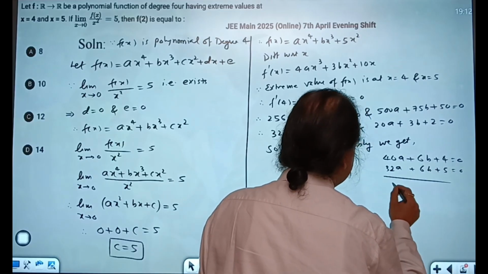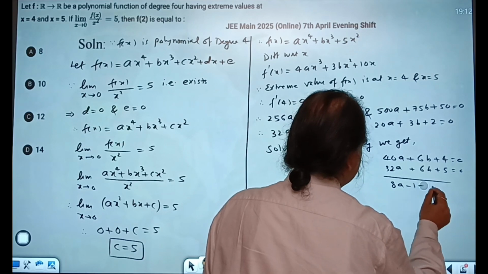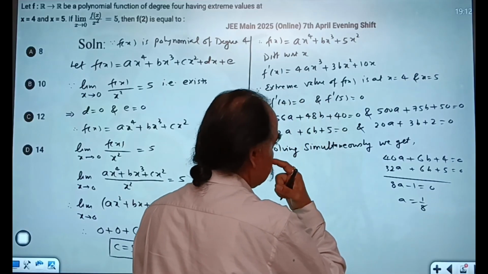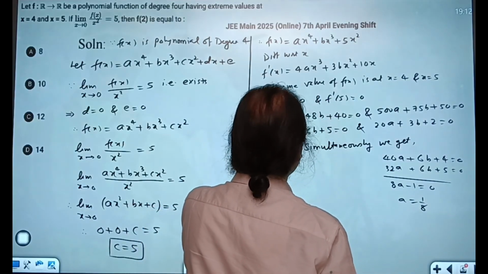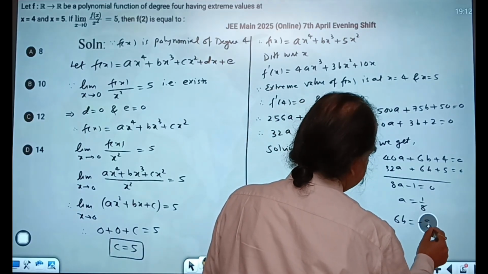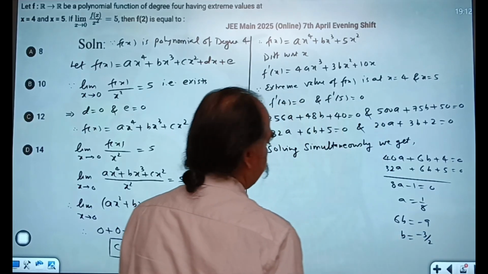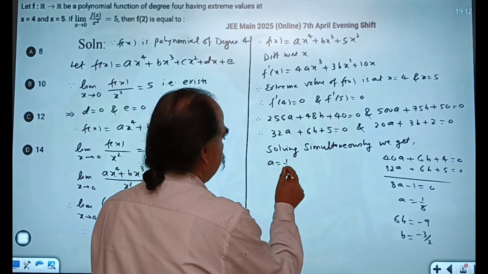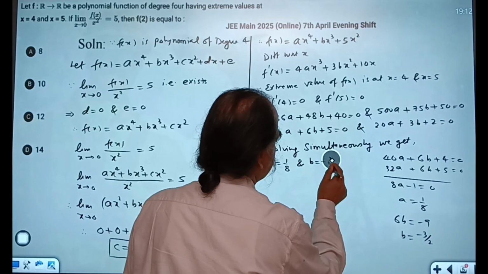So when you subtract, 8a minus 1 is equal to 0, so a is 1 by 8. So b will be: 6b is minus 9, so b is minus 3 by 2. On solving we get a is 1 upon 8 and b is minus 3 upon 2.